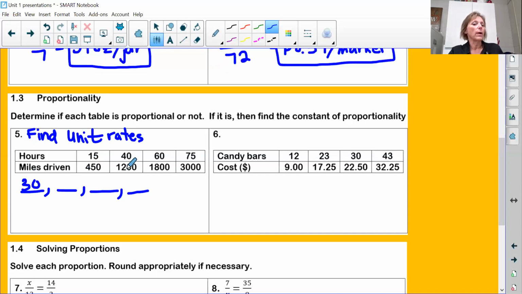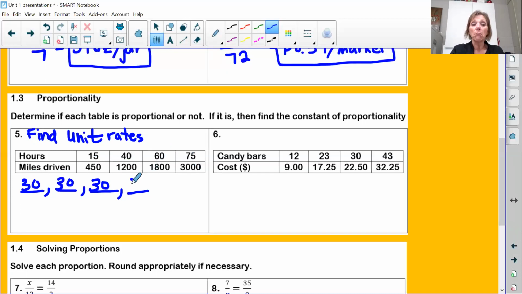Now I can kind of tell right here that 12 divided by 4 is 3, so I'm expecting it to be the same, 30. Yes. I'm expecting the same thing here because I know 6 times 3 is 18, so I'm going to put 30. And 75 into 3,000, so 3,000 divided by 75.